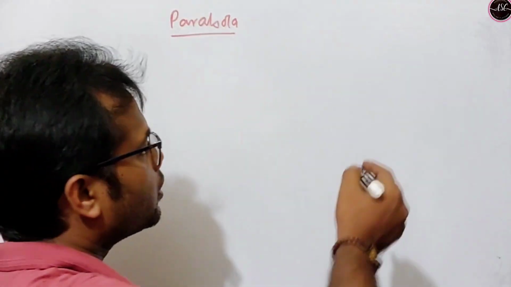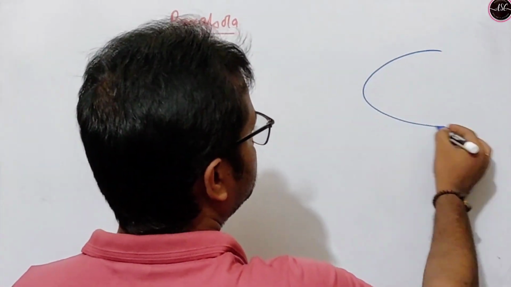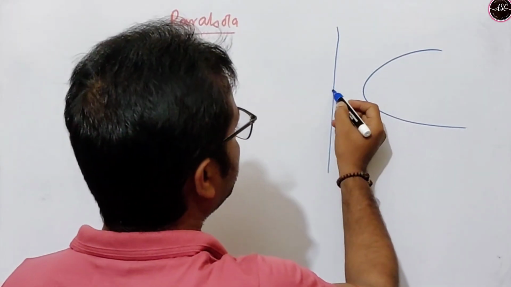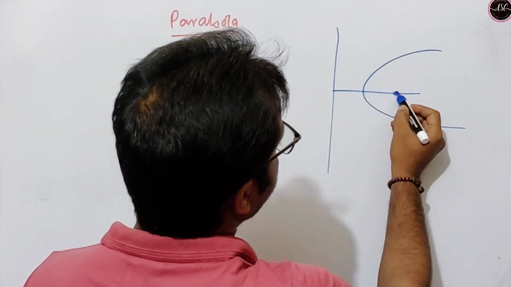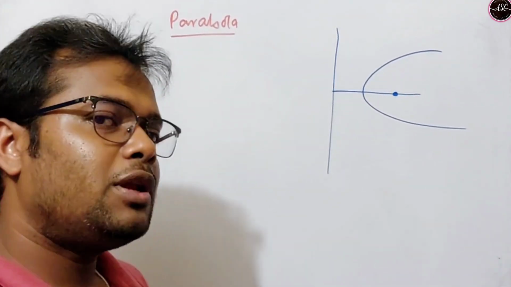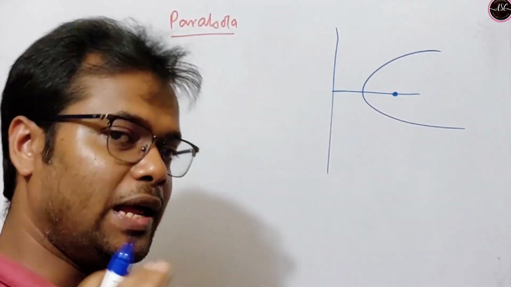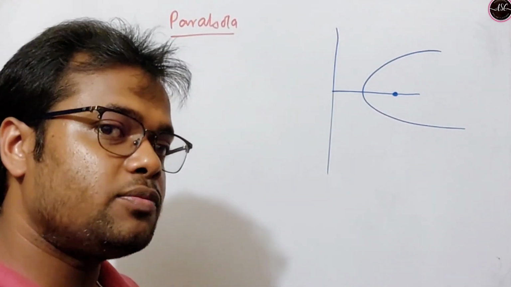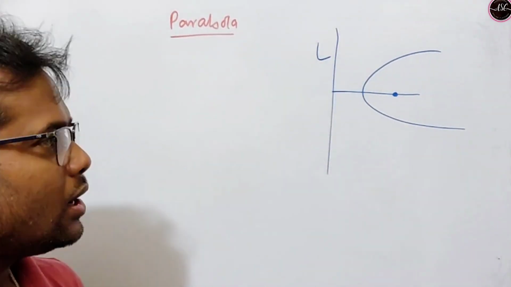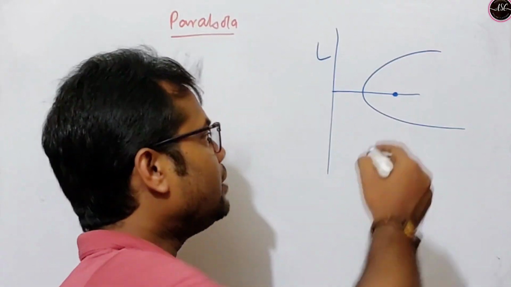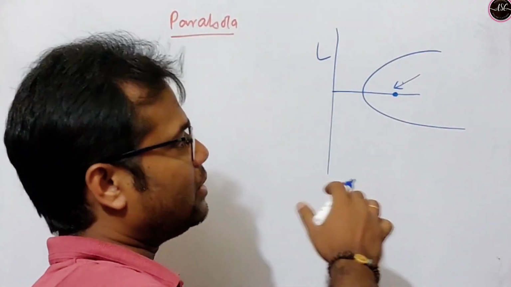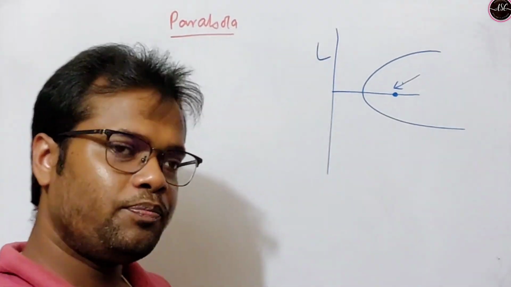What is a parabola? This type of curve is called a parabola. A parabola is the set of all points in a plane that are equidistant from a fixed line, this is the fixed line L, and a fixed point which is not on the line.